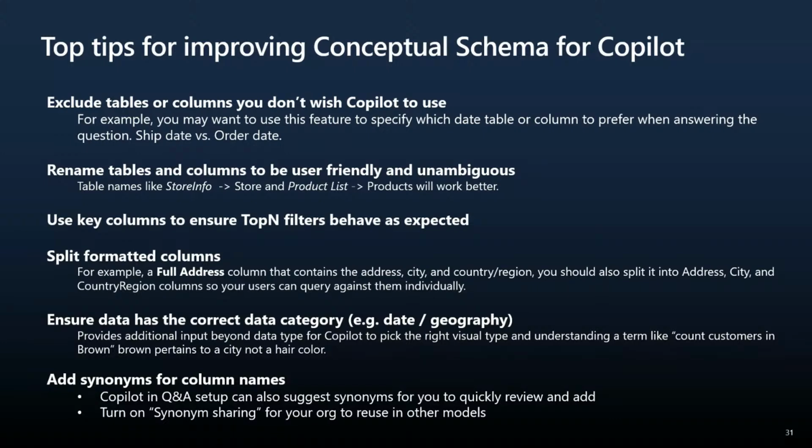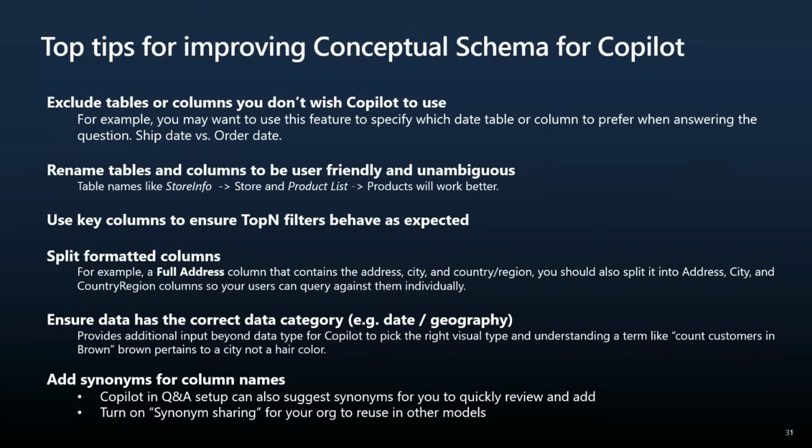Make sure to remove or hide unnecessary columns, tables, and fields. Remove unnecessary measures, and have distinct field, column, and table names; do not use the same names. Ensure data has correct data types, and make sure to add good synonyms to your data.